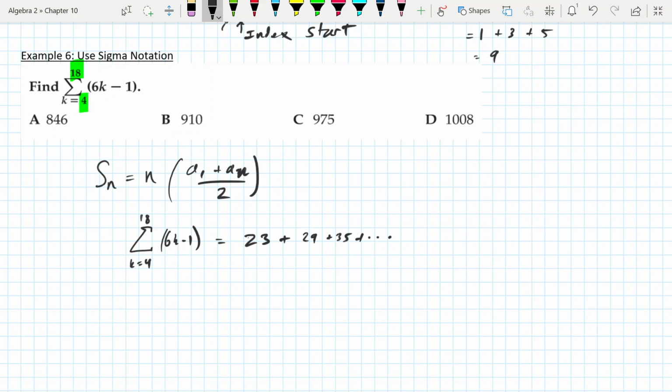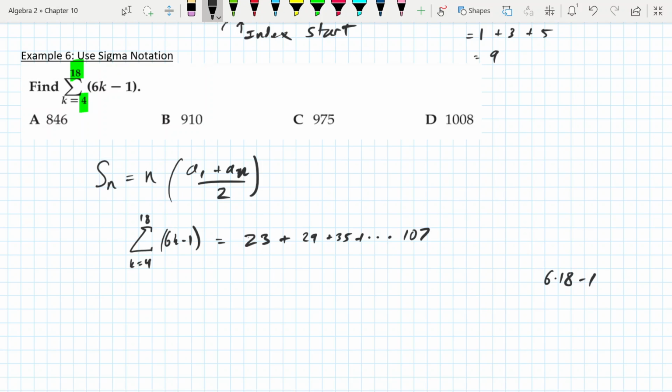So next up, I've got to figure out what the last term is, so I plug in 18. 6 times 18, ooh, I don't know what that one is. 6 times 18, let's see here. 108. Oh, yeah, okay, 108. Minus 1 is 107. Okay, so now I've got my a sub 1 and my last term, but I don't know what the end value is, right?